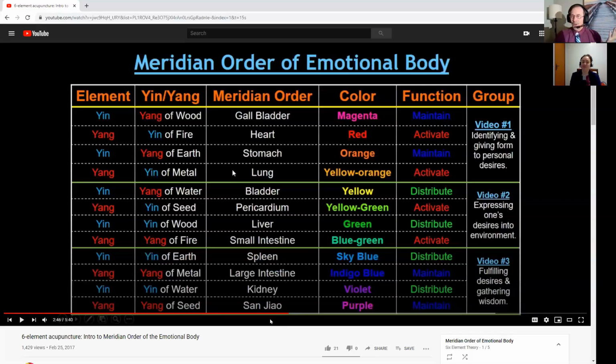But you die, you come back, the first thing you're going to experience is gallbladder. All that potential life again. Now, if you carry pain from a past life, that's going to affect your gallbladder.